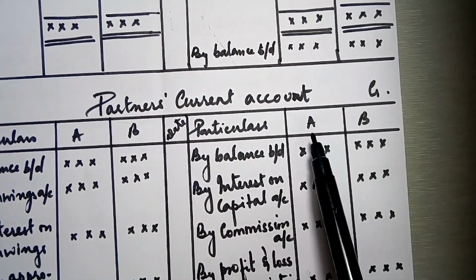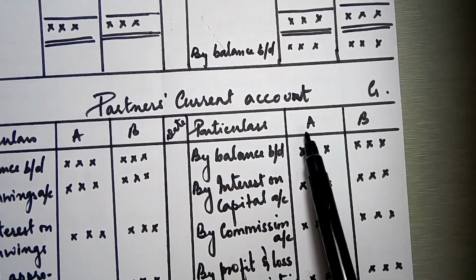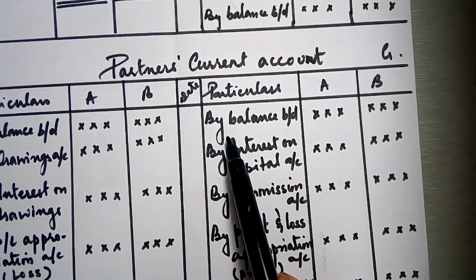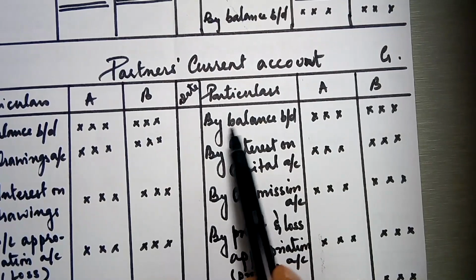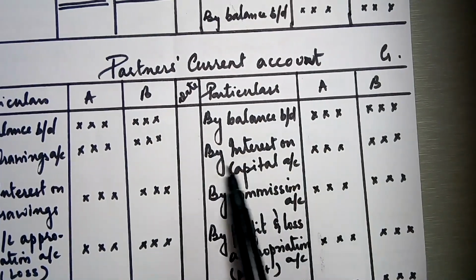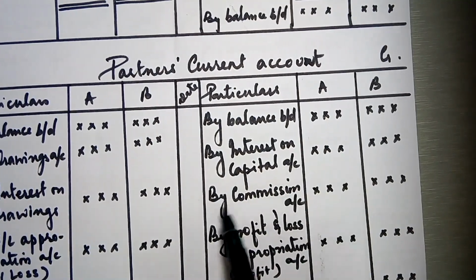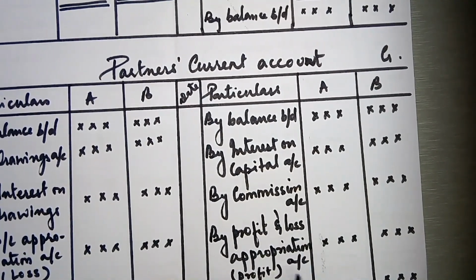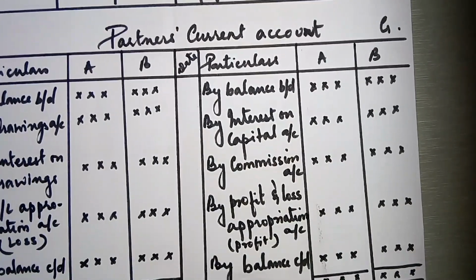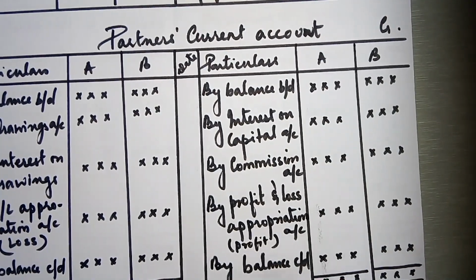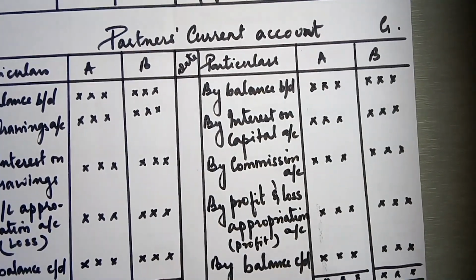In the amount column, you write the name of a person, A or B. Now remember, opening capital is always in the credit side by balance BD. Then by interest on capital account, by commission account, by profit and loss appropriation account. If it is a profit, it will come in the credit side. Then by balance CD. If the balance comes in the credit side, you will write by balance CD this side.